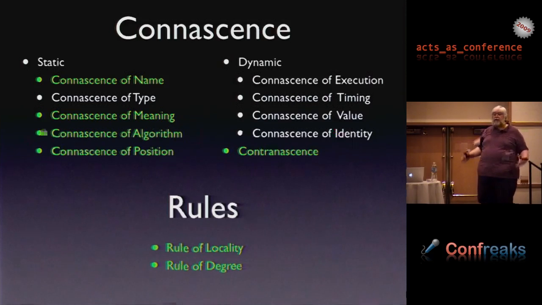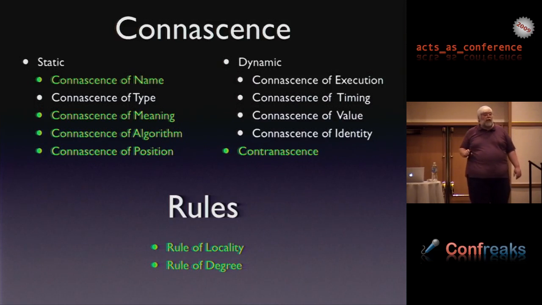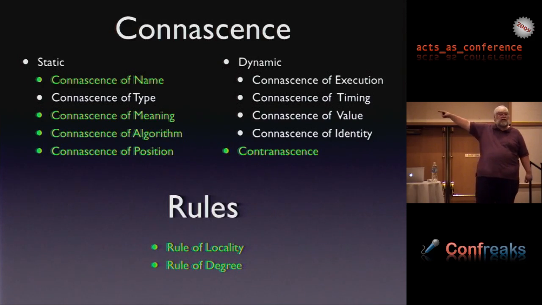Dynamic kinesis happens at runtime and deals with things like timing. Kinesis of execution is what gives rise to race conditions in multi-threaded code. So again, this whole basis of kinesis, I think, is a good foundation for understanding why we like certain things in software and why we don't.